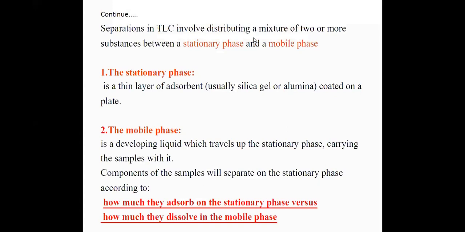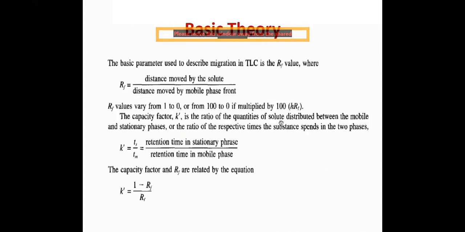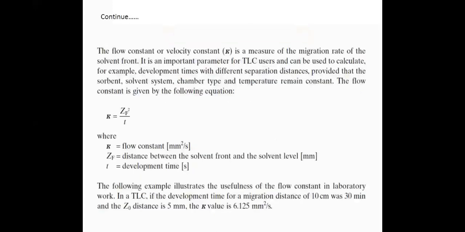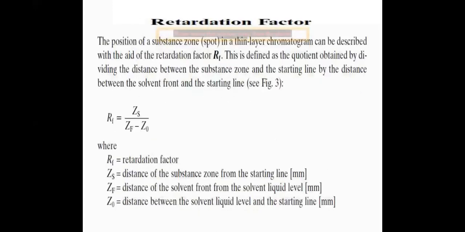So this is again a very simple method, the same as paper chromatography. So calculation of the RF factor, calculation of the Rx factor, these are again very common, the same as in paper chromatography.